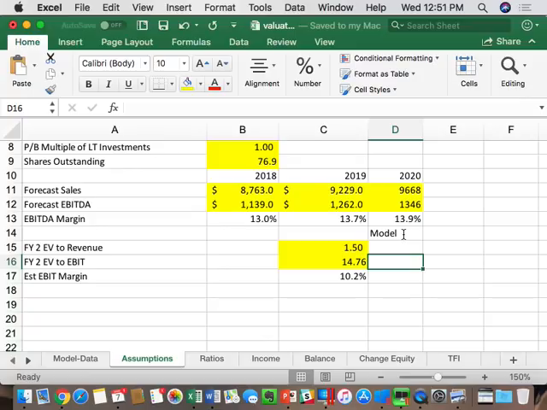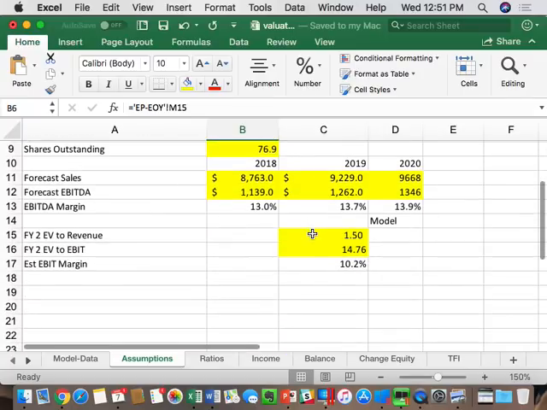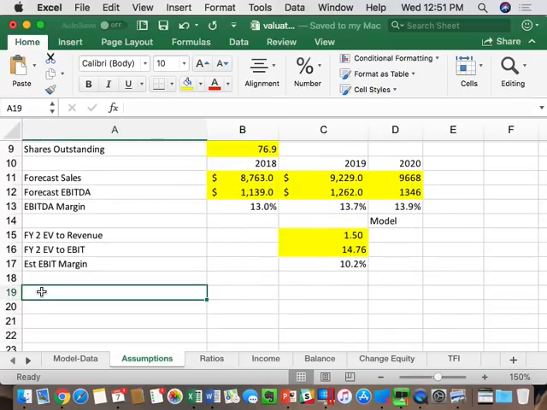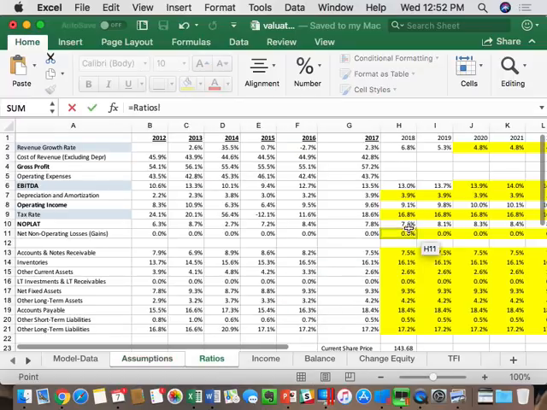We'll put it right there, right next to it, that we're basically going to solve for. Now, what do I need? I need a G. I need an ROIC. I need a WACC. And the one thing I'm missing is a tax rate, which I've done on the other page, but just so it's all on this one page, and I'll make this yellow, equals, from the ratios, the tax rate.